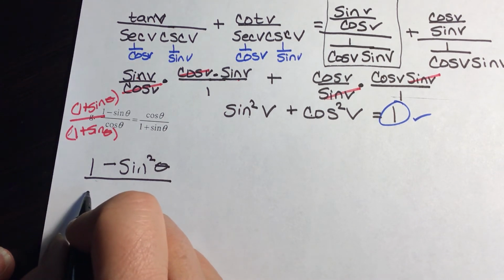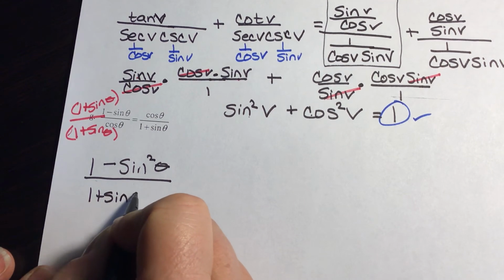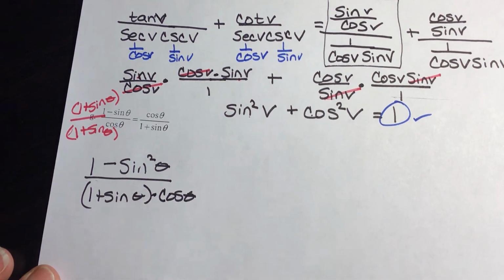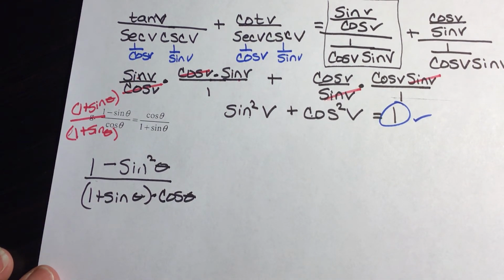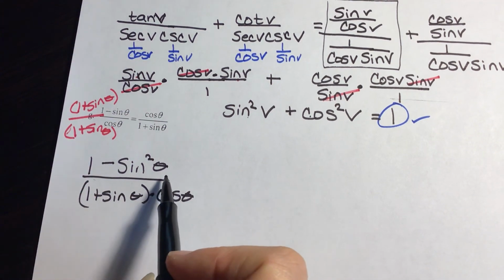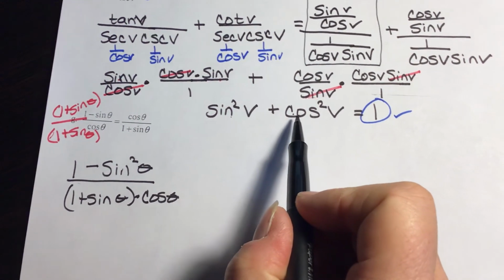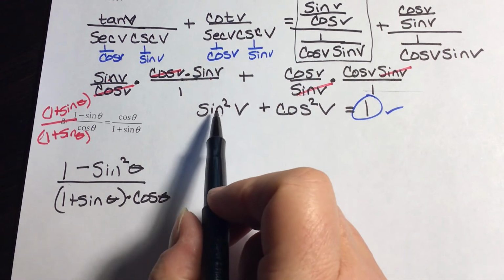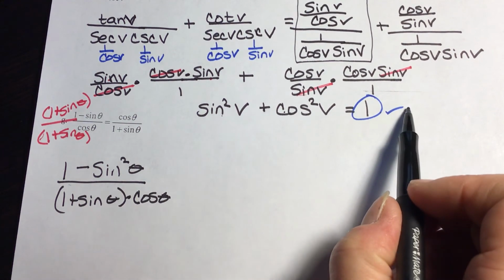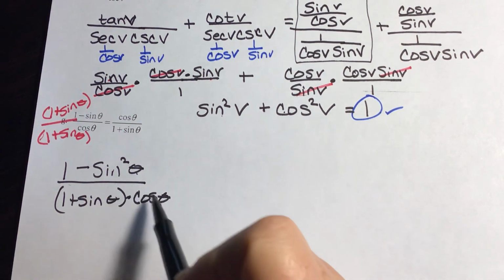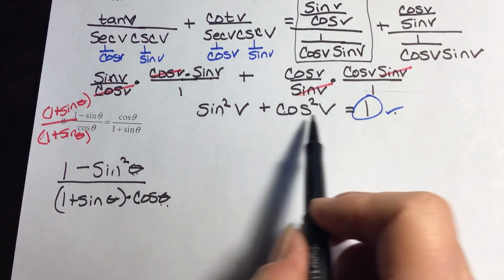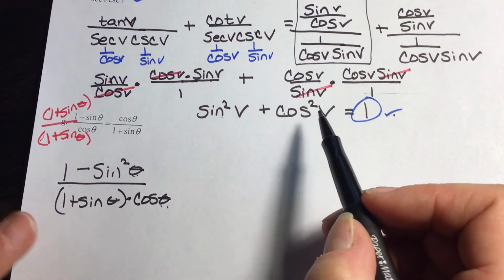And then I'm going to multiply my denominators, and let's just see what we get here. I have 1 plus sine theta times cosine theta. Well, if I think about my sine squared plus cosine squared equals 1, if I subtract sine squared of theta from 1, that's going to be cosine squared of theta.